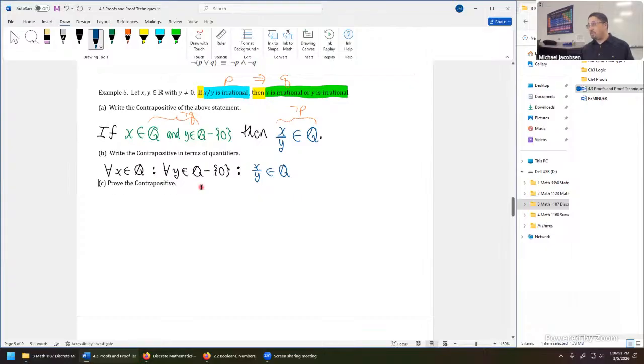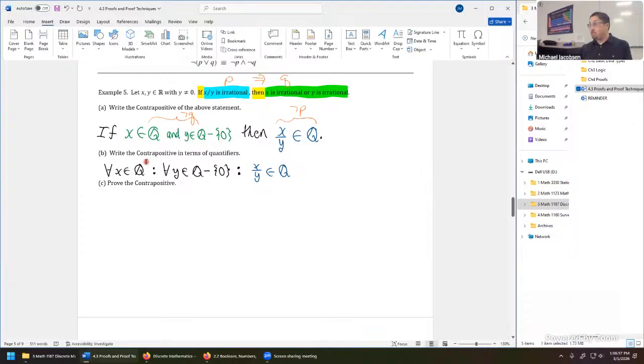So now that we've got it quantified, we can launch into the proof. And as far as the proof goes, whether we're looking at the quantified statement or the contrapositive right above, we're essentially going to start the same way. We have to say exactly what the variable x and variable y is. So every variable we put down on paper, when we go to write down the proof, has to be defined.